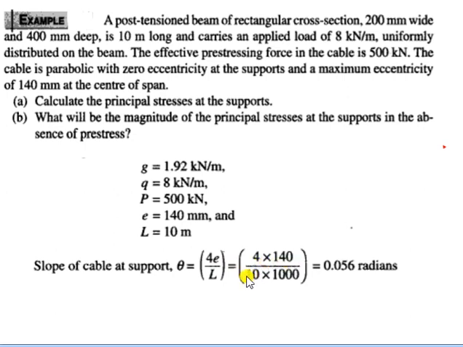So 4 into 140 by 10 into 1000. The 10 is in meters, the span of the beam, so converting it into millimeter it will be 10 into 1000, that gives 0.056 radian. So the slope of the cable at the support is 0.056 radian.